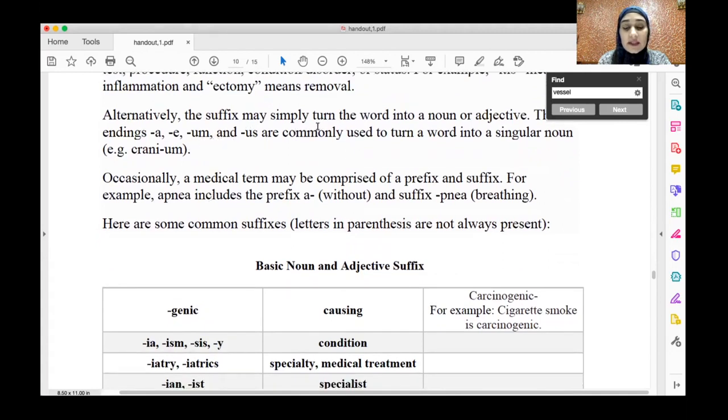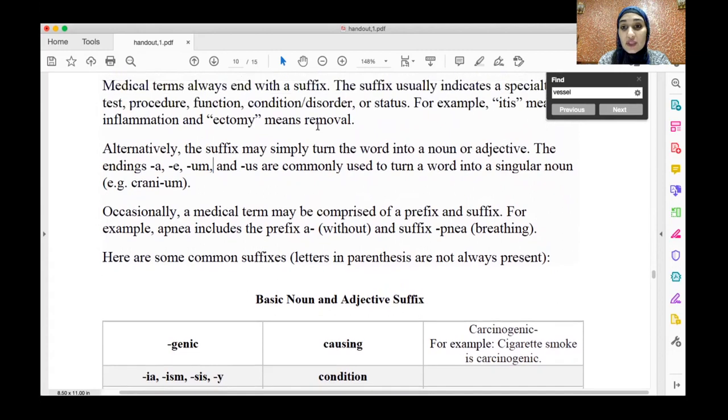Alternatively, the suffix may simply turn the word into a noun or adjective. For example, when we say kind, and then we say kindness. Here, what is the function of the suffix?